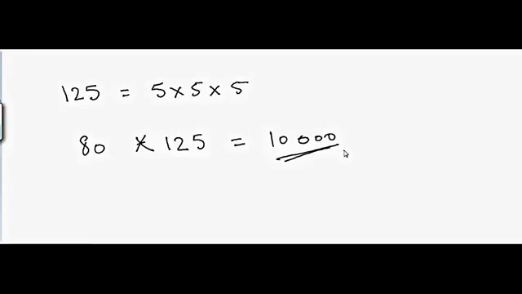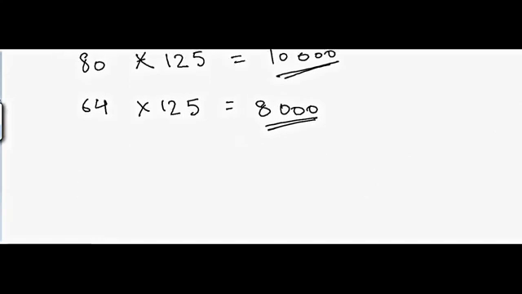Again, let's take another example. If I have 64, as we know that 8 into 8 is 64. In this case, if I multiply by 125, that will be equal to 8, because we divided 64 by 8, and then put 30 in the end, so it will be 8000.